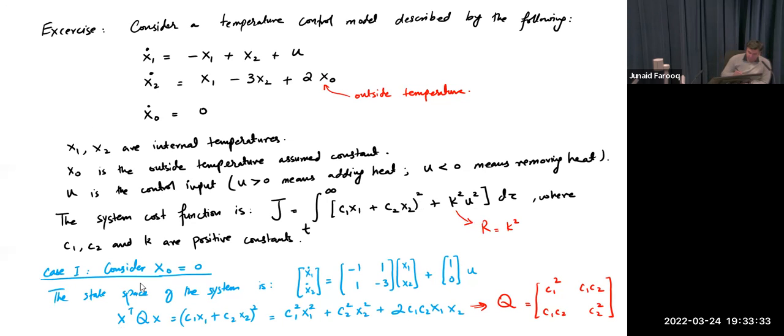Okay, so we figured the Q and R matrices, and the LQR controller gain is K. So it will be K equals R inverse B transpose M bar.